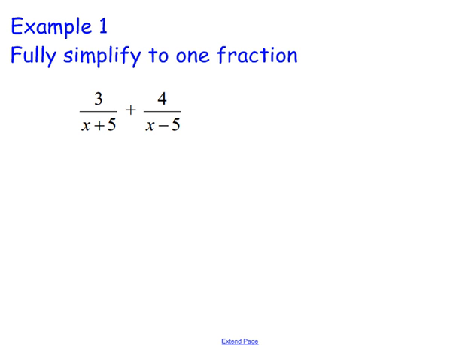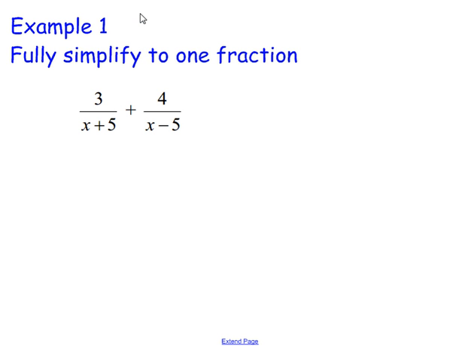Alright, example 1. Now here we're going to add rational expressions. It says fully simplify to one fraction. Essentially it's the same steps and guidelines. If you want to add two fractions, you need a common denominator. So how could we get a common denominator?